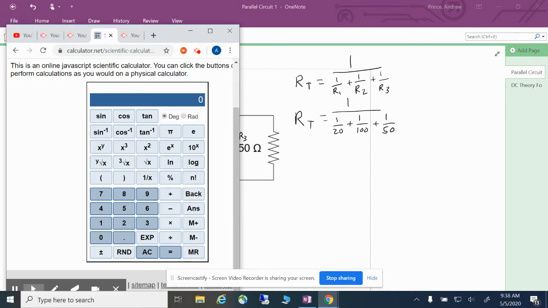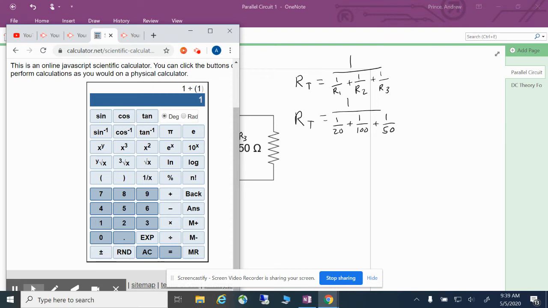So to fill in those values on your calculator and let it do all the work, we're going to be doing 1 divided by, now this is the most important part not to forget, you want to put a parenthesis here so that it knows the order of operations you want to do. So you want to divide 1 by the total of all of the rest of those fractions down there. So for that parenthesis right there, it's going to tell it to add all those together before you divide by 1. So we got 1 divided by parenthesis.